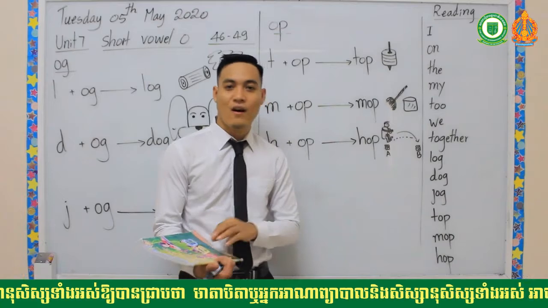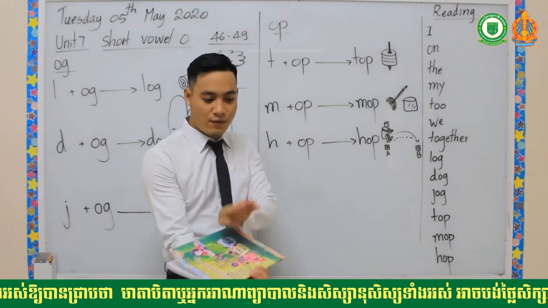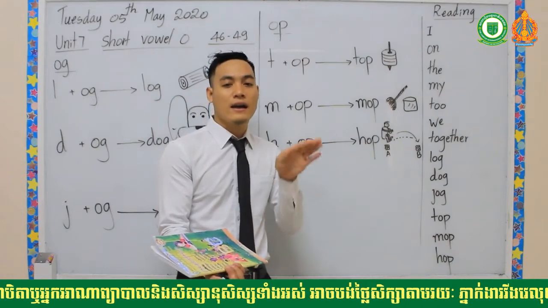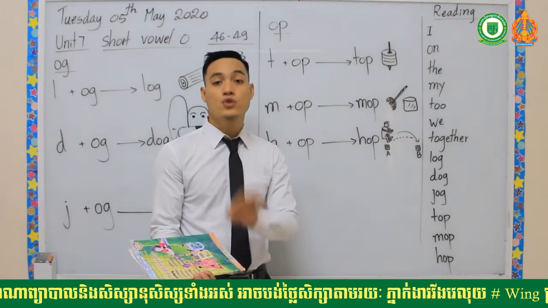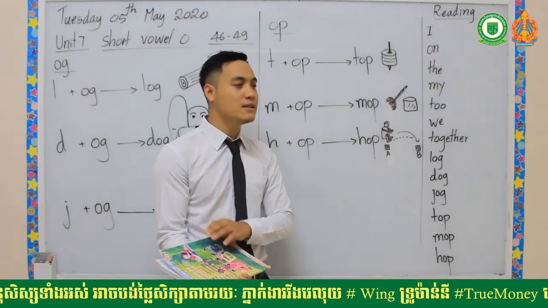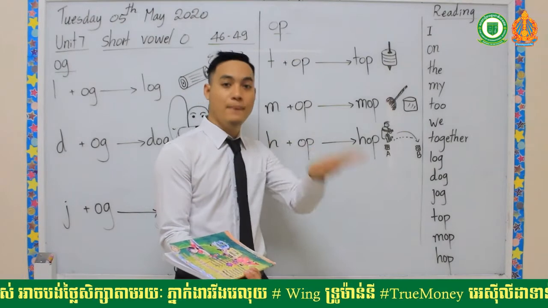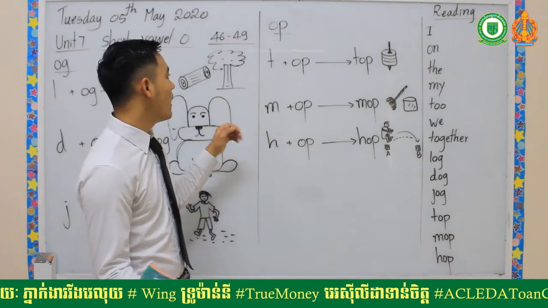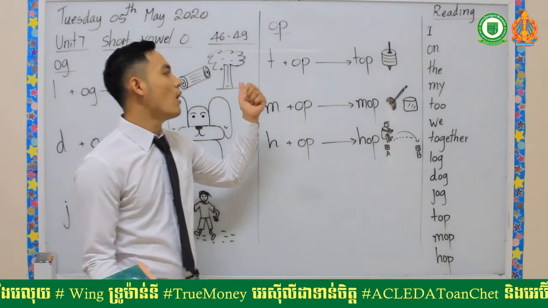When you try to catch a frog, it hops from place to place, because the frog is afraid that you will catch him. So imagine that a frog hops. Alright? So that's it for og, and that's it for op.